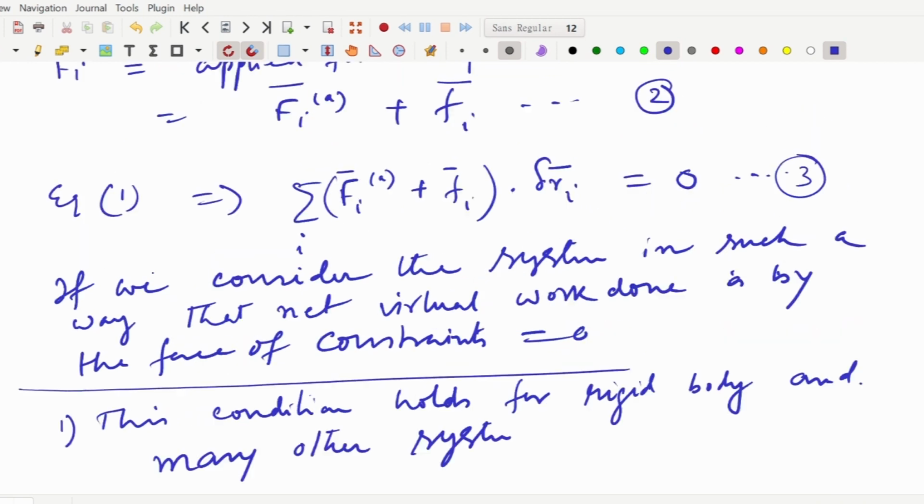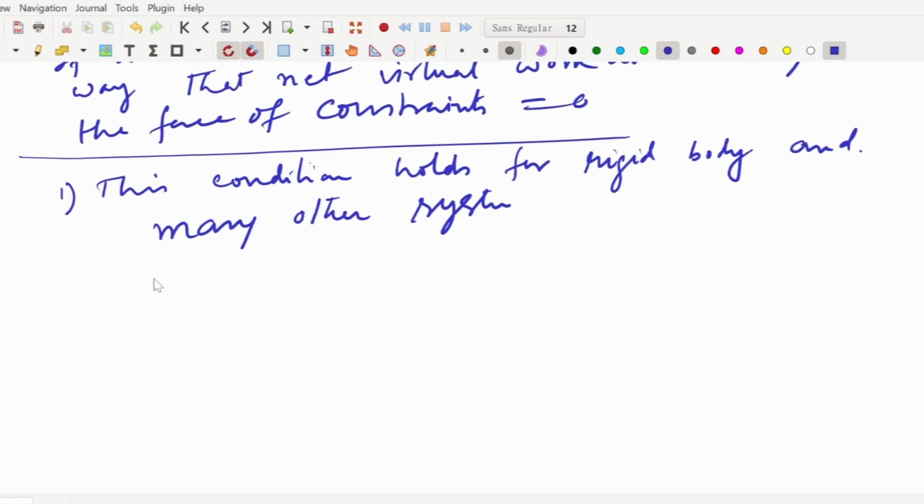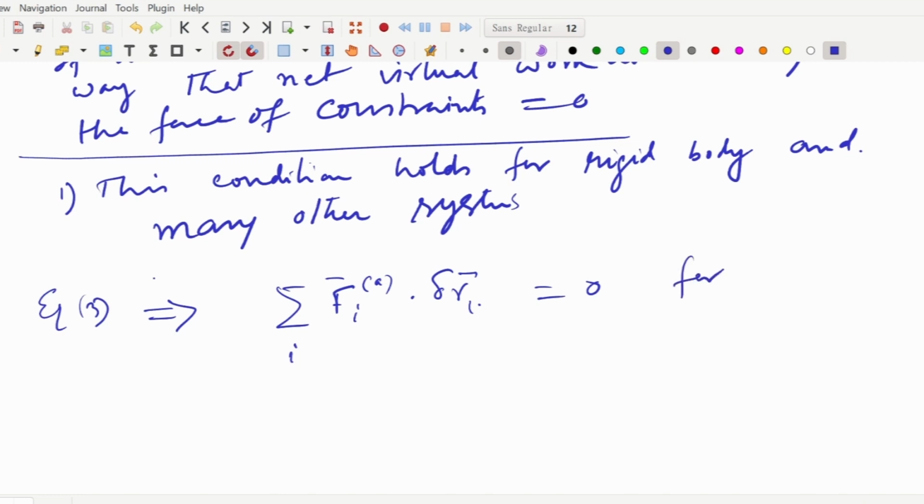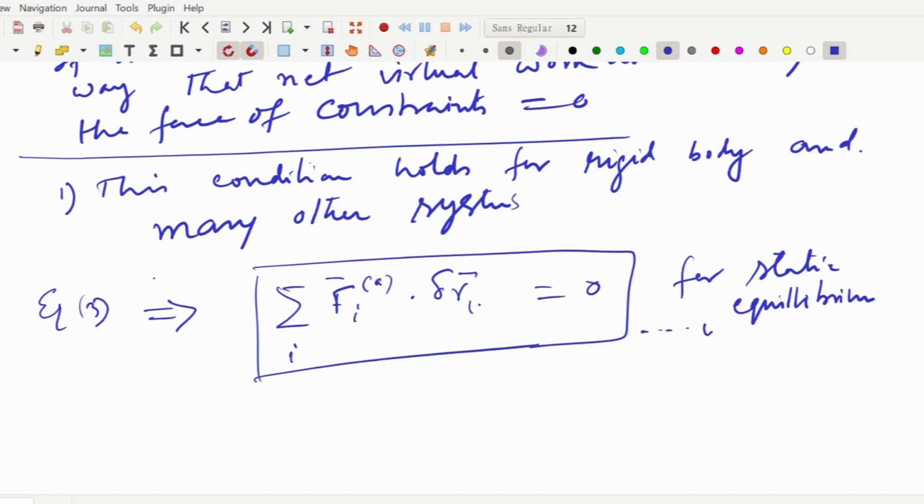In that case, equation 3 will be reduced on this condition to the sum over i of Fi applied dot delta ri equal to 0, for static equilibrium, and this we denote by equation 4.